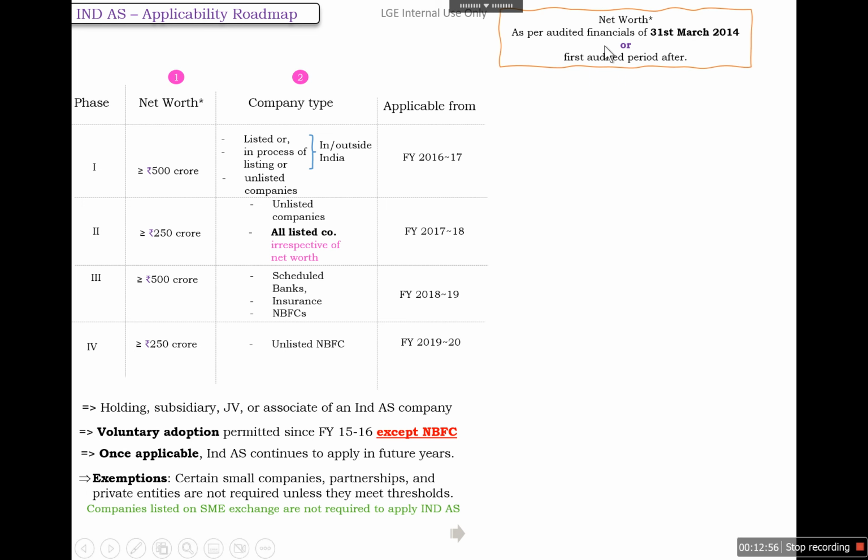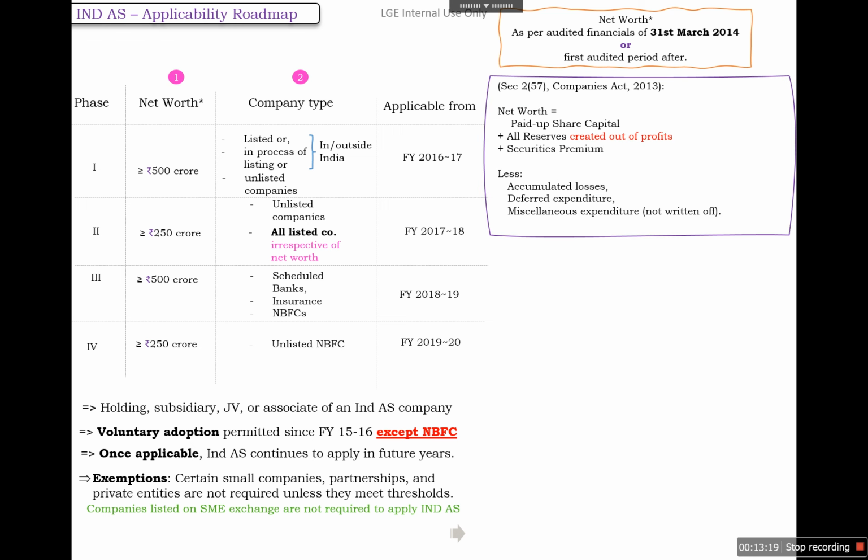So the net worth is important to check only from the perspective of unlisted companies, and we need to check the net worth as per the audited financial statements as on 31st March 2014 for the purpose of applicability, or the first audited period thereafter. For calculating net worth, we will check the paid up share capital and the reserves that are created out of profit only.